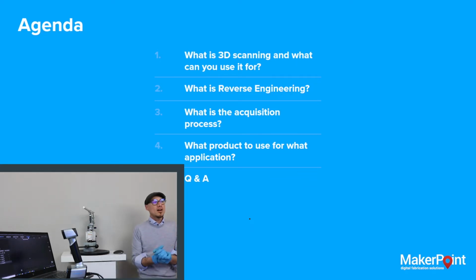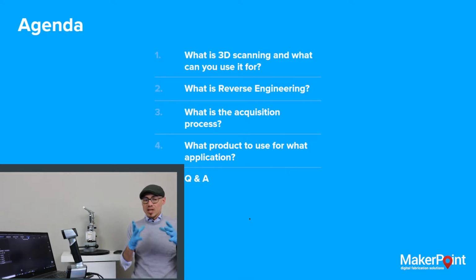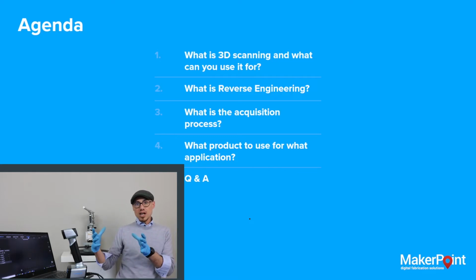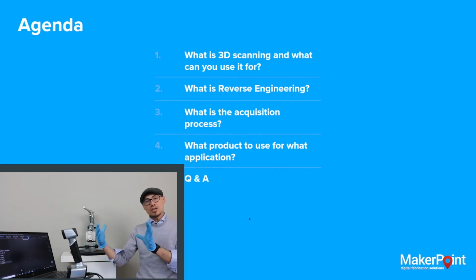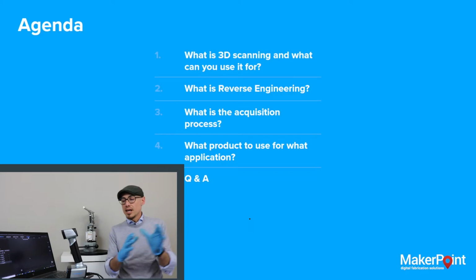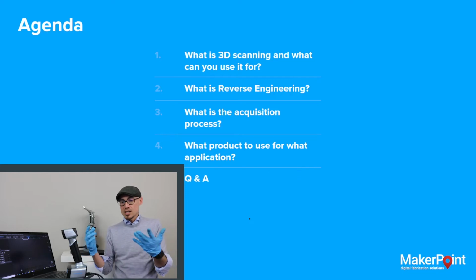So, what is 3D scanning? What can I use it for? 3D scanning allows you to digitize a physical object and give you one file, one shape that has the digital characteristics of the real one. I mean, you can extract data like shapes, sizes, and material information such as colors and textures.